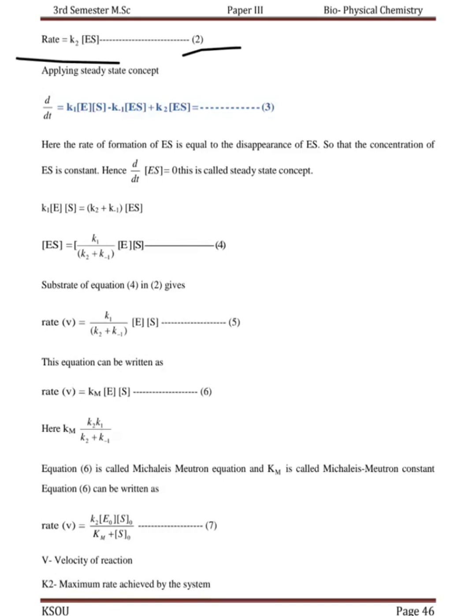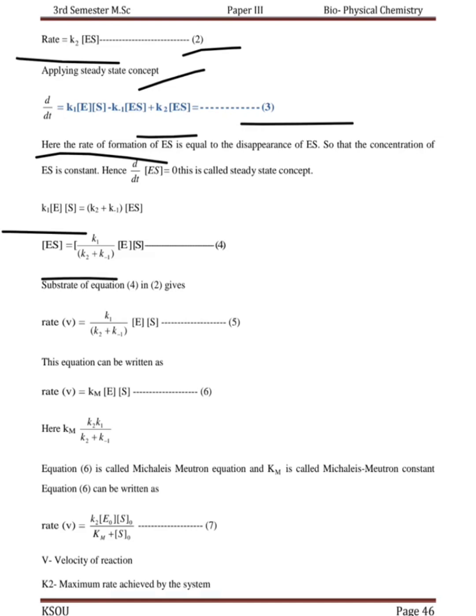Applying the steady state concept, d by dt is equal to K1 into enzyme substrate minus K minus 1 into enzyme substrate plus K2 into enzyme substrate. That is equation 3, for the rate of formation of enzyme substrate, or the rate of reaction generally. Next you take it to the left-hand side and further substitute for enzyme substrate. K1, K2, K3 are the rate constants.